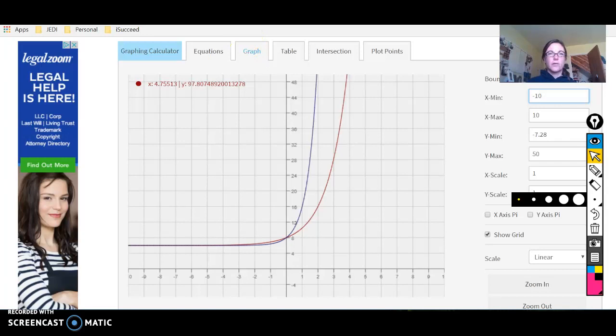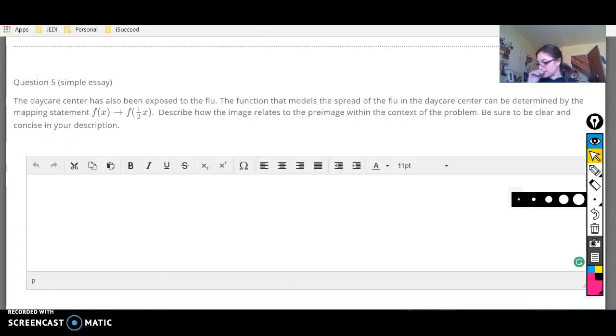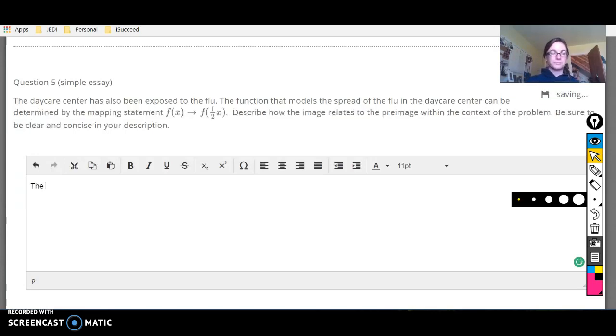So what we should be typing in here is that the flu is taking twice as long to spread in the daycare than in the high school, because we have x over 2.